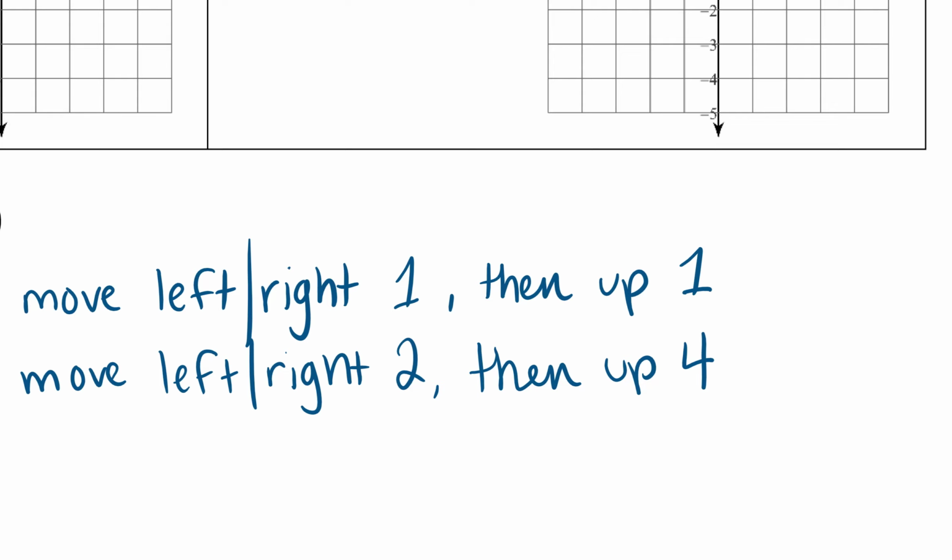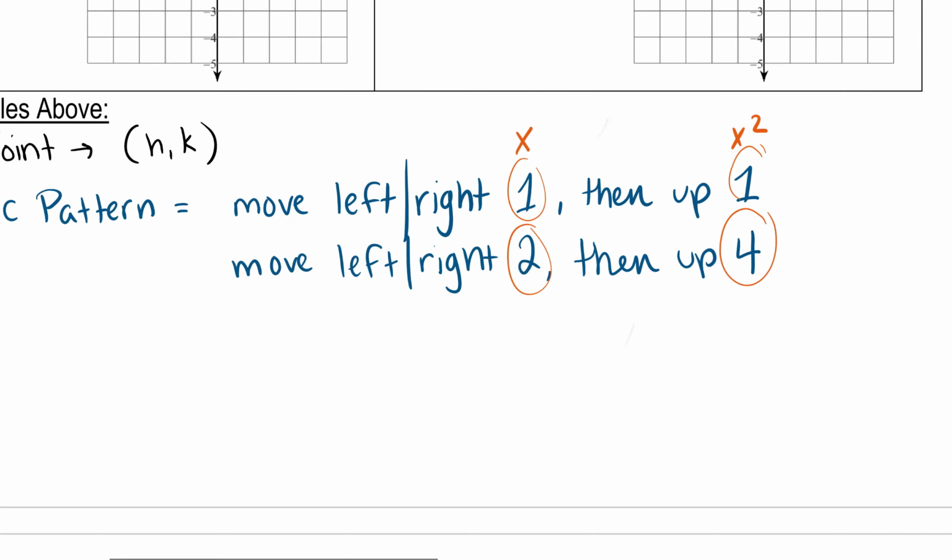There are a lot of different ways to write or draw this. This would be x, this would be x squared. If x is 1, 1 squared is 1. If x is 2, 2 squared is 4. And if it was 3, it'd be 9, then 4, 16. You get the picture. Okay, so that is the quadratic pattern.